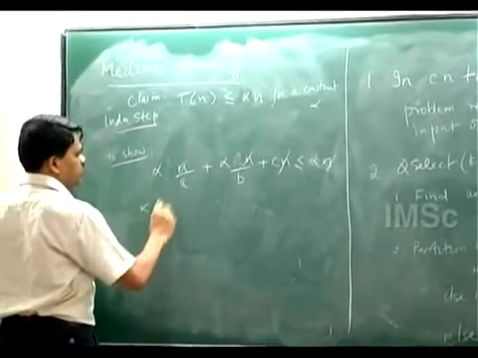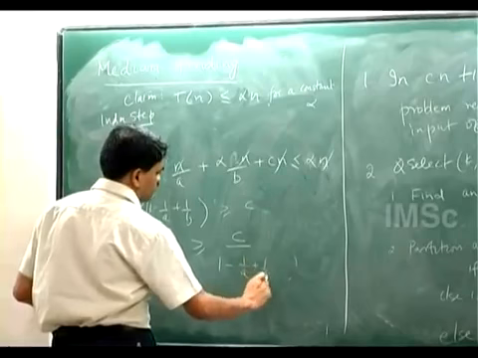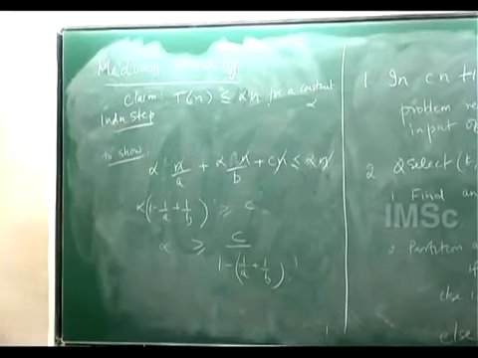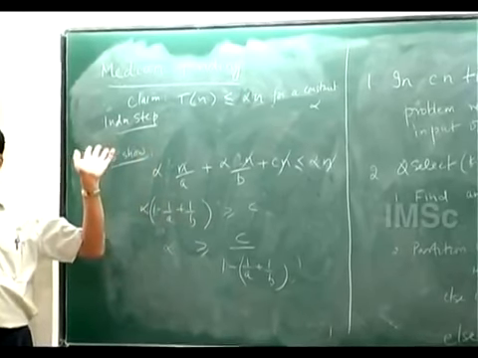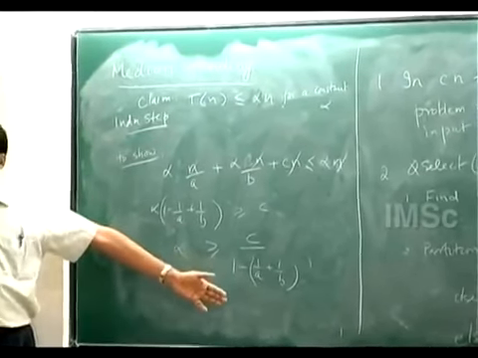I want alpha into 1 by a plus 1 by b, or rather, I choose alpha to be greater than or equal to C, where C is the running time, whatever time I spend on this step. So if I choose alpha to be greater than or equal to this, then that will satisfy this inequality. That's all I need. And you can see why I want 1 by a plus 1 by b to be strictly less than 1.